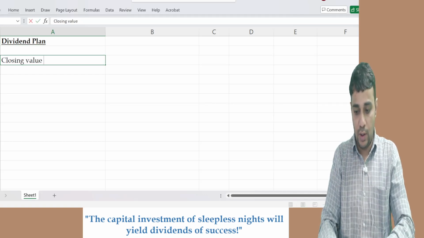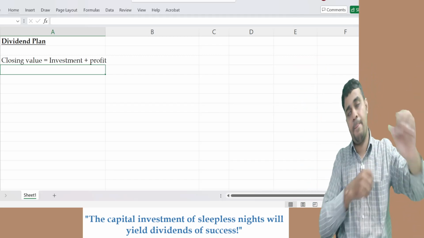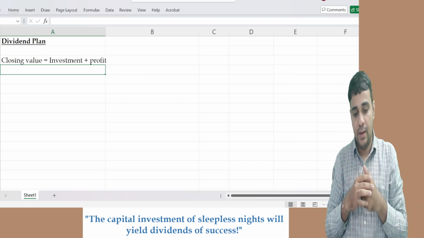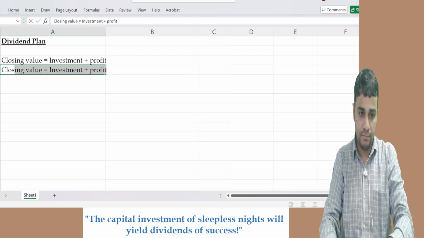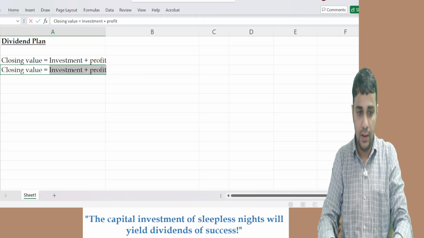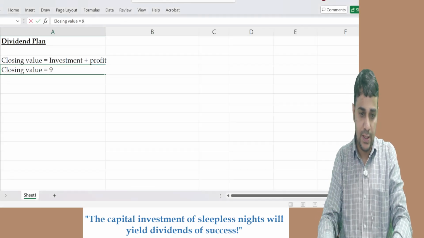Closing value is equal to investment plus profit. How much is the investment made? 9,20,000.